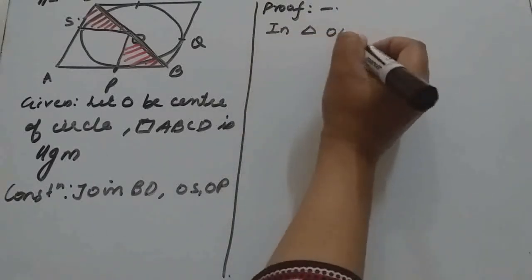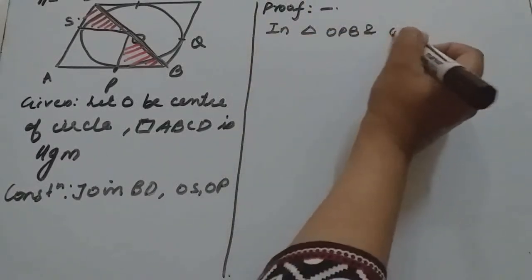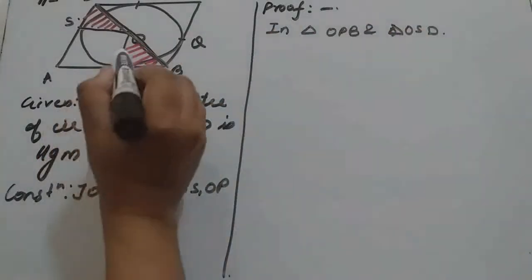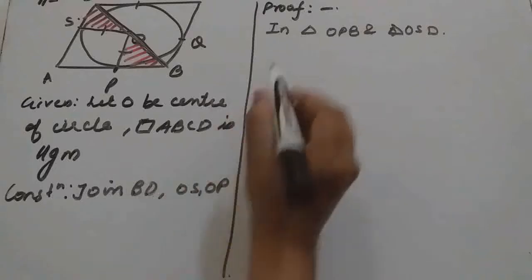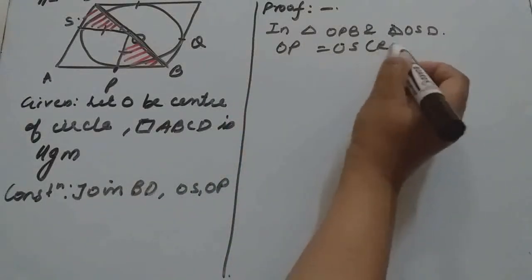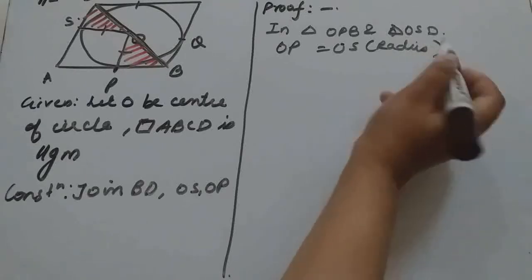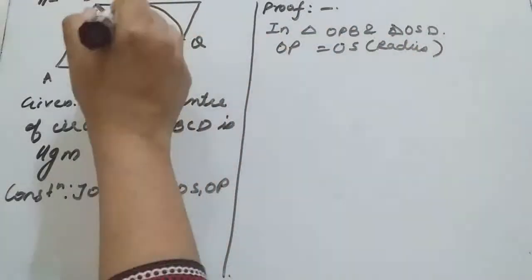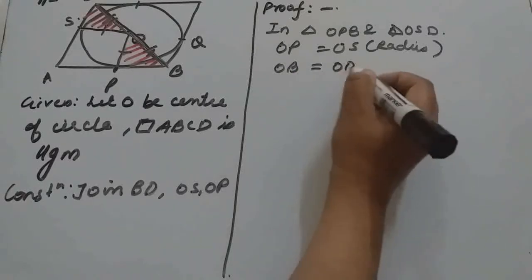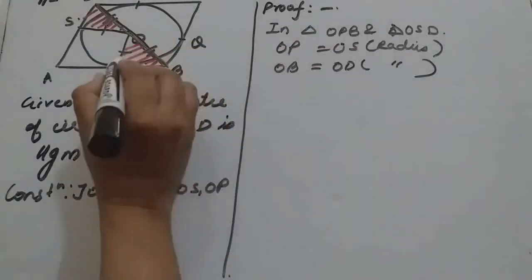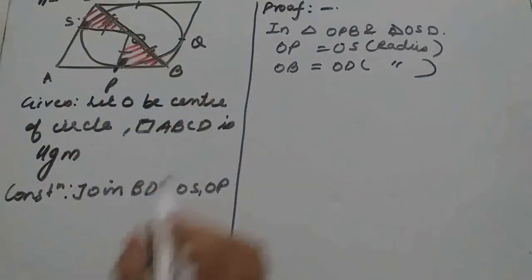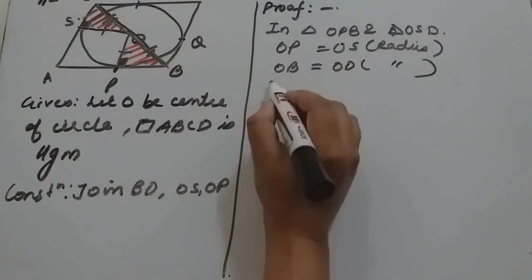So in triangle OPB and triangle OSD, see, OP and OS are equal. Why? Radius. Both are radius. OB and OD are equal. That is also radius. This angle, both are 90 degrees by the radius tangent theorem.